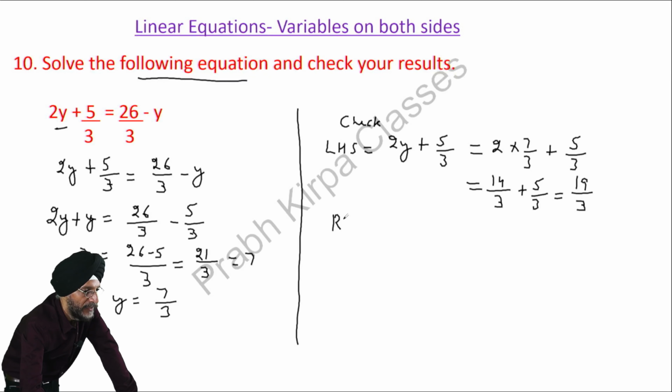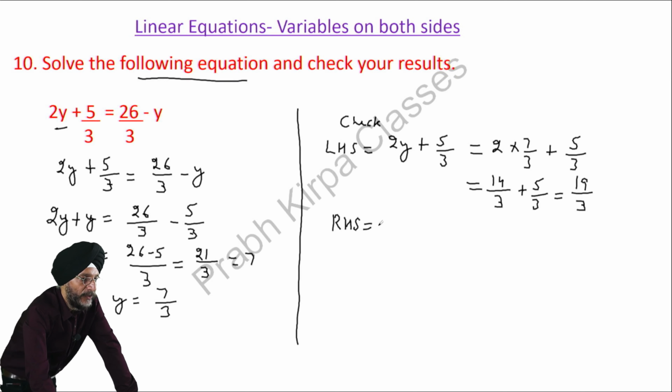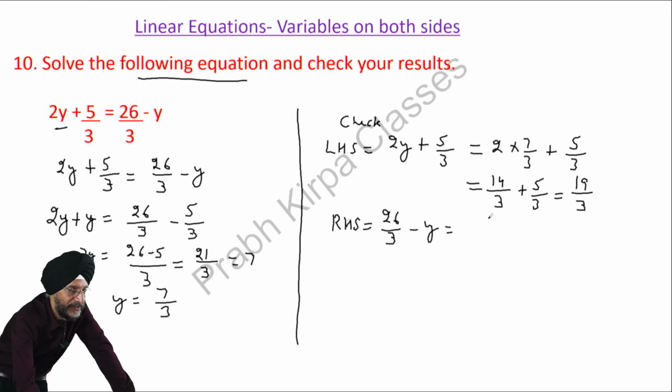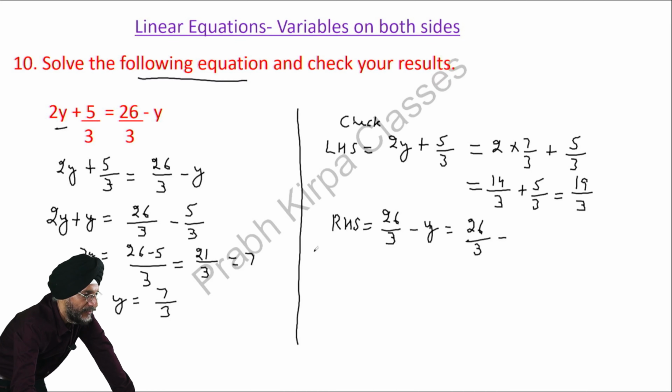So now we will fill the value of y on the right hand side expression. What is the right hand side? It is 26/3 minus y. So we will fill the value of y. So 26/3 minus y. y is 7/3.